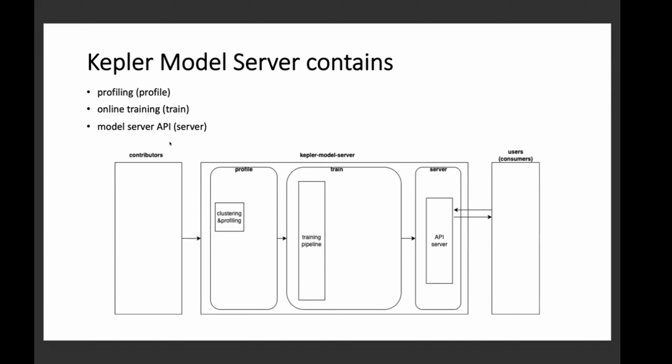We're supposed to have some contributors contribute data to train the model. And we are going to have the Kepler model server make a profile, train the models, and provide them to the server so that the user or consumer who has no power measurement and wants to estimate the power can ask for the model and apply that model from our Kepler estimator.